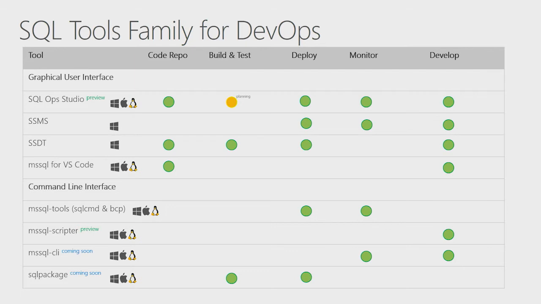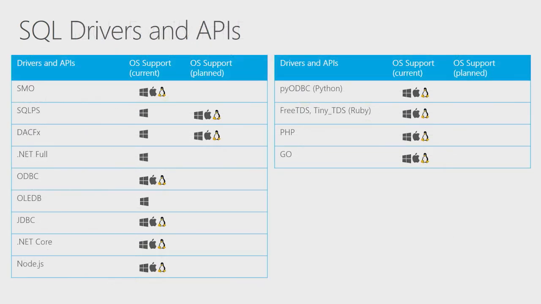SQL Package is a tool to deploy database changes and migrate databases between on-prem and clouds. It was only available for Windows. Now it is coming for Linux and Mac OS as well. For APIs, SQL supports most major programming languages and frameworks. Note that SMO, which is SQL Server Management Objects, is now available for Windows, Linux, and Mac OS.